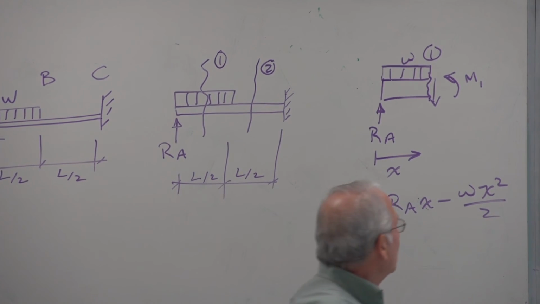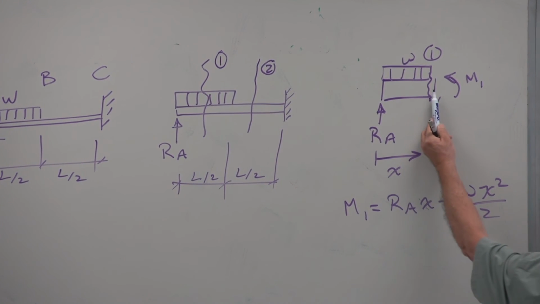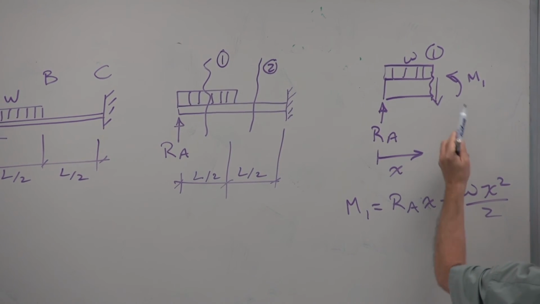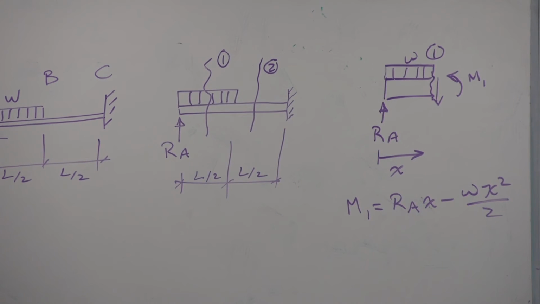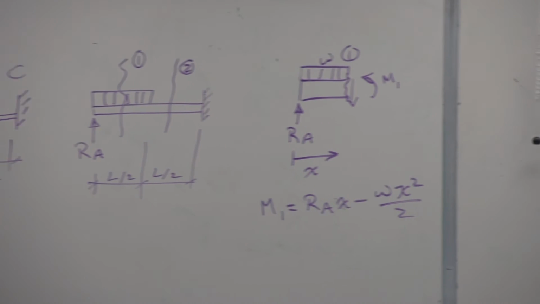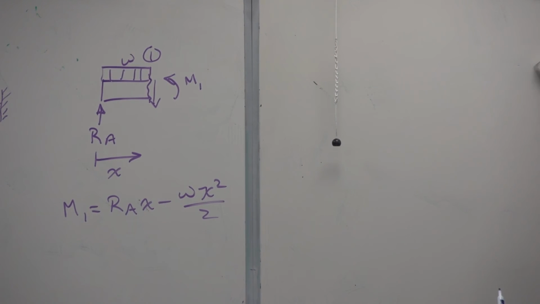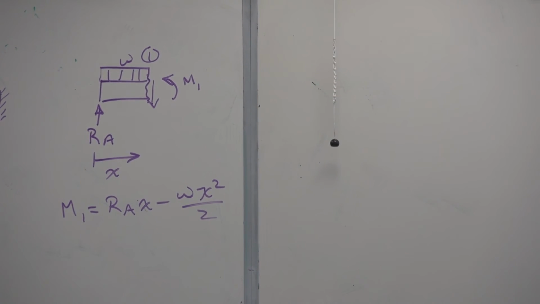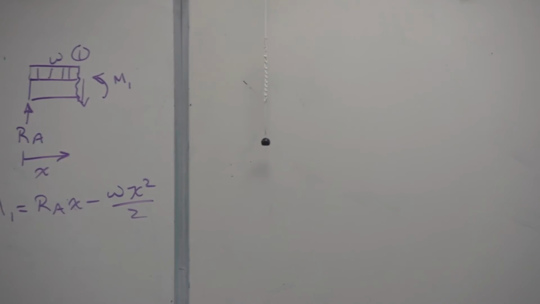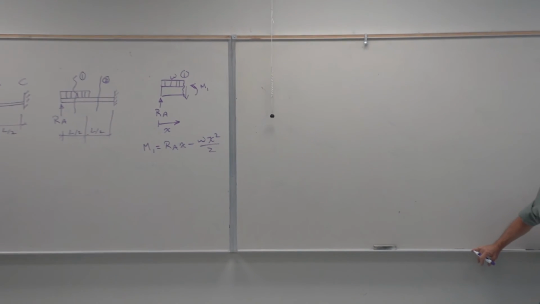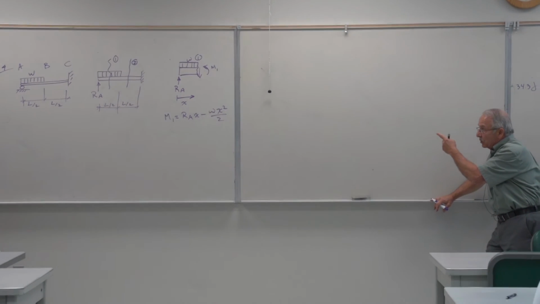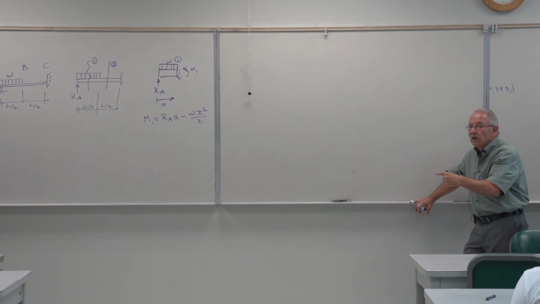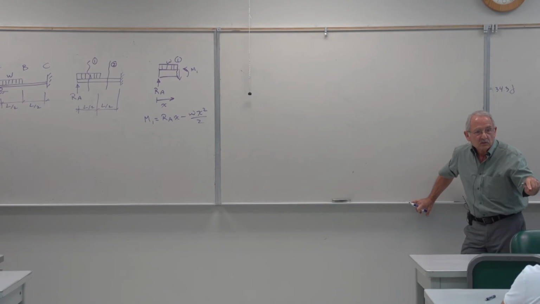In reality, what you do is take moments about this point and set it equal to 0. Equilibrium equation. And then you take things to the other side to find the moment. I have skipped one step in that. But if there's anything you don't understand in what I wrote and why things look the way they do, please tell me now.